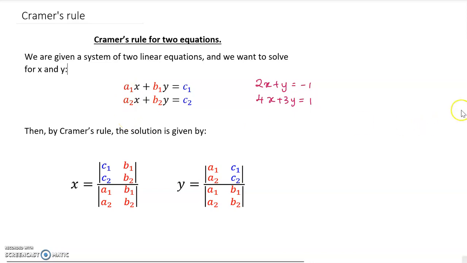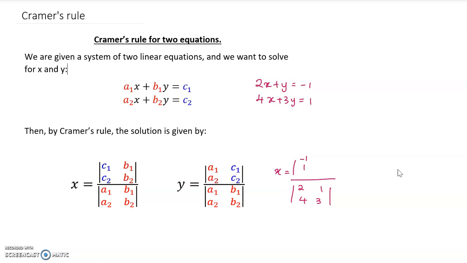If we have this system, then for the value of x, put the denominator first. It is the coefficients of x and y, so you have 2, 1, 4, and 3. At the top, in the first column, you put -1 and 1, the right hand side values of your system.